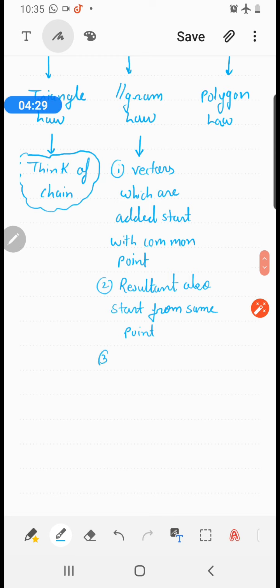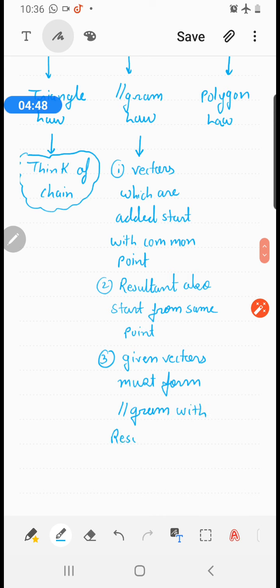And finally, the third one is the given vectors must form a parallelogram with the resultant as the direct diagonal. Please for the time being, learn this by heart. Later on I'll be explaining what each step means.